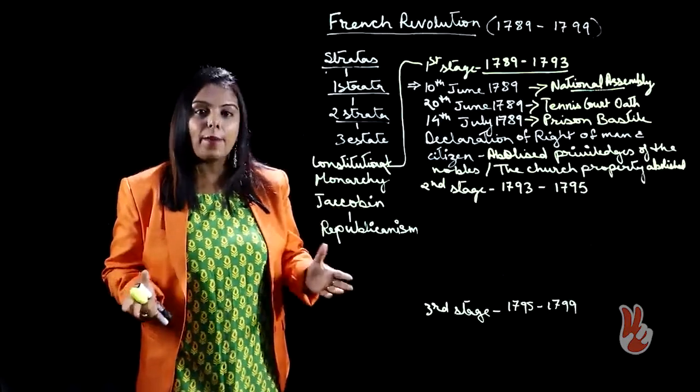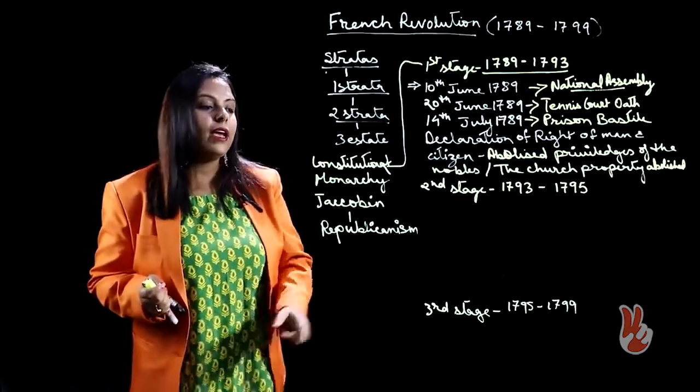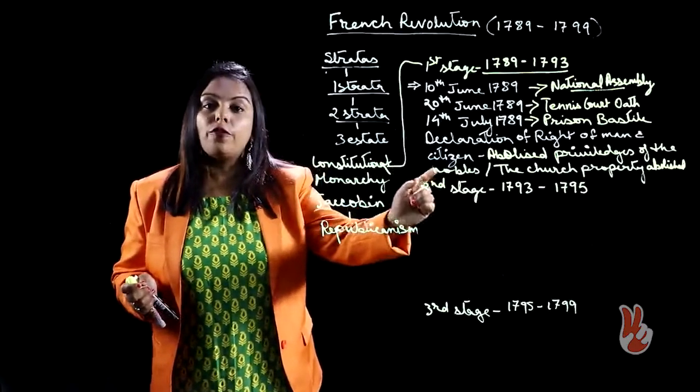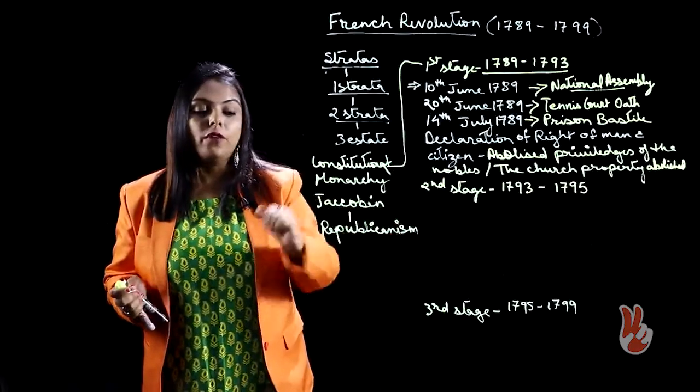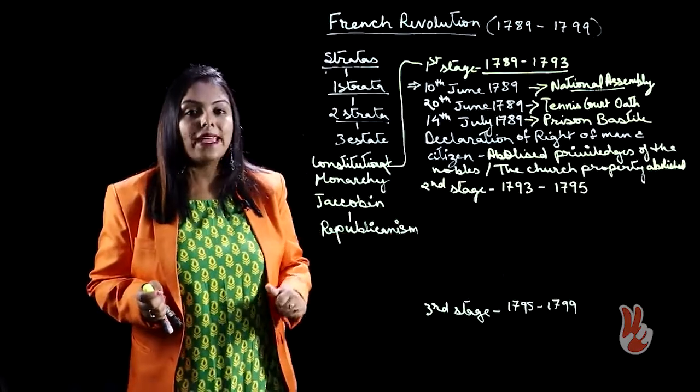Now, what had happened during this time? How did stage 2 of the French Revolution come, where the power went into the hands of the Jacobins? That's the main issue.